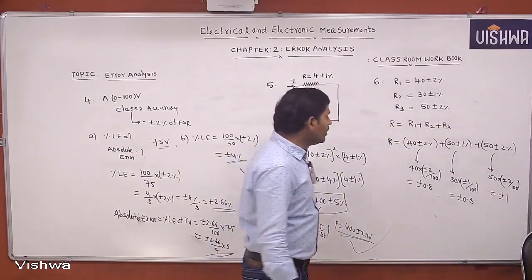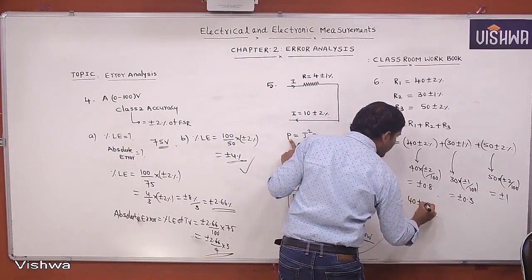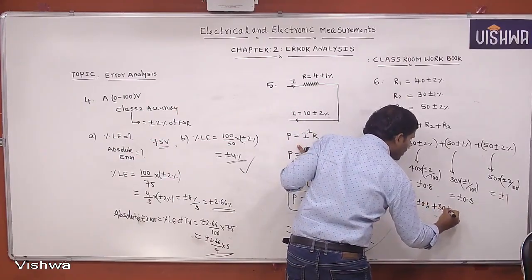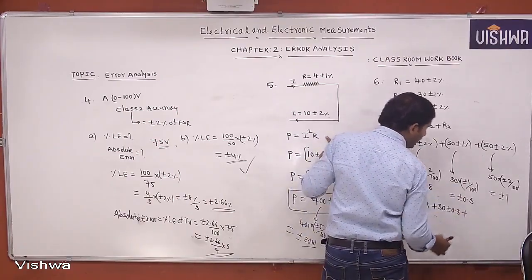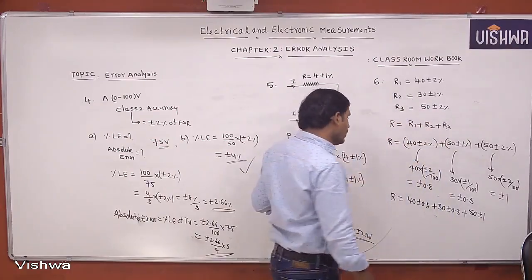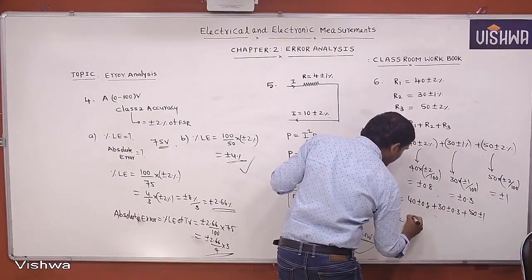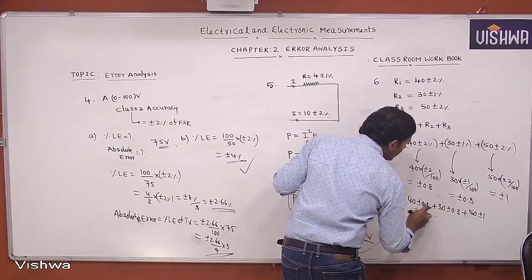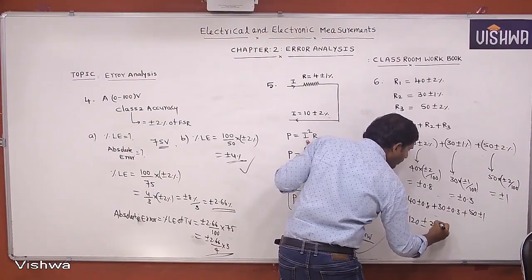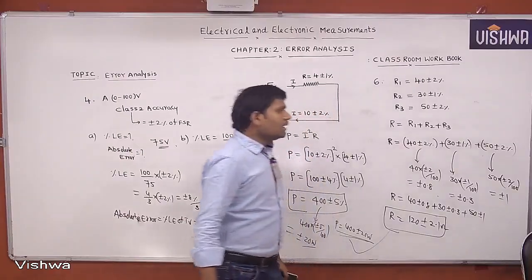Then the resultant resistance R equals 40 plus or minus 0.8, plus 30 plus or minus 0.3, plus 50 plus or minus 1. Add all this: 40 plus 30 plus 50 is 120, plus or minus 1.1 plus 1, that is 2.1. This is the resultant resistance.